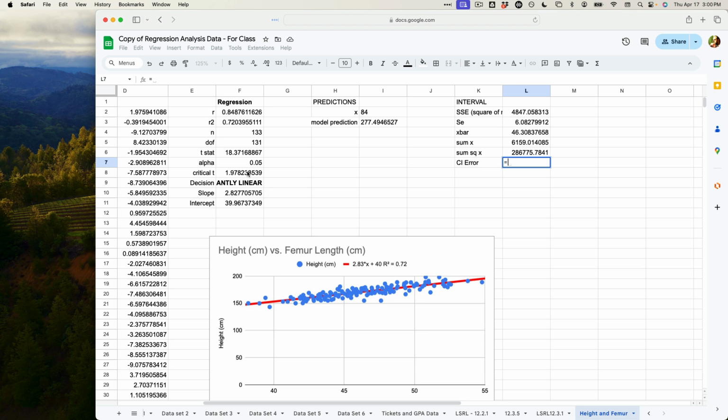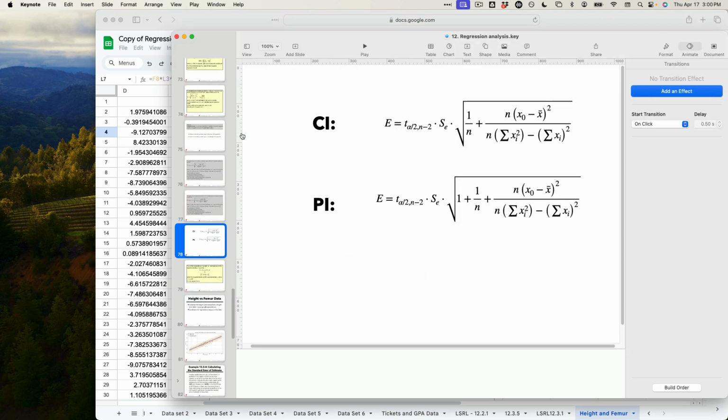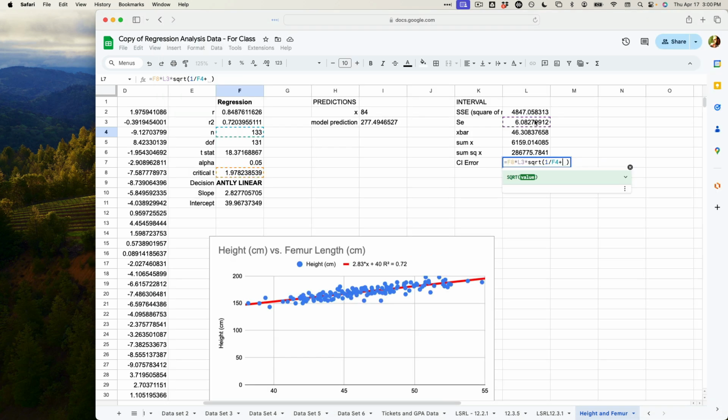This is my critical T value times SE times the square root of, open parentheses, 1 over n, plus n times (x0 minus x bar) squared.